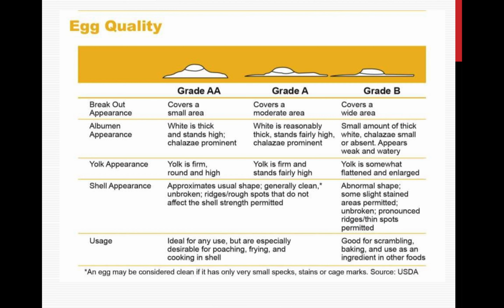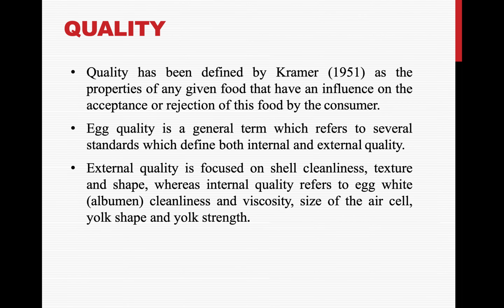Yolk is somewhat flat and enlarged, with abnormal shape; some slightly stained areas are permitted, and pronounced ridges and thin spots are acceptable in this category. This type of egg is usually good for scrambling, baking, and as an ingredient in other food materials.